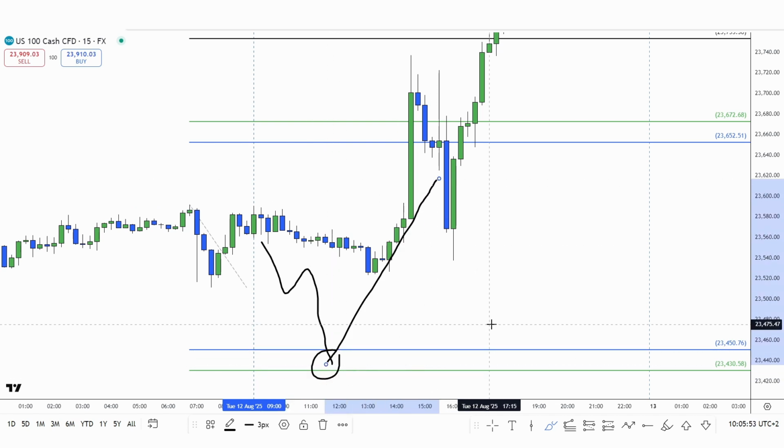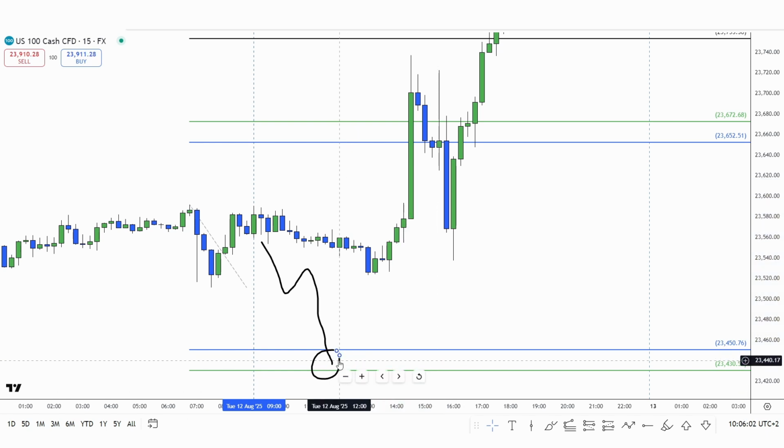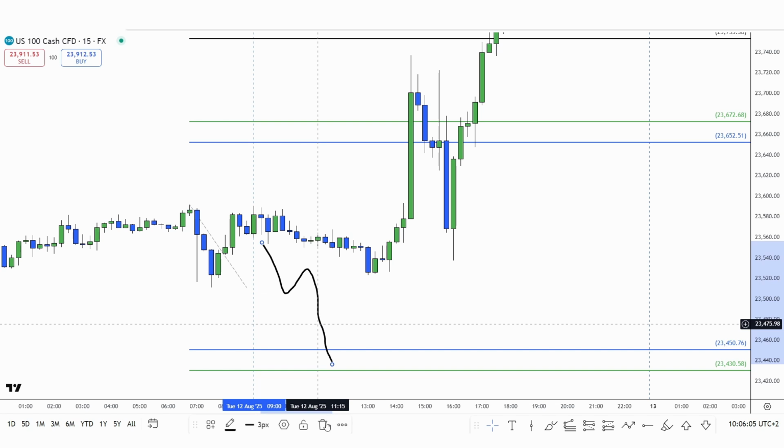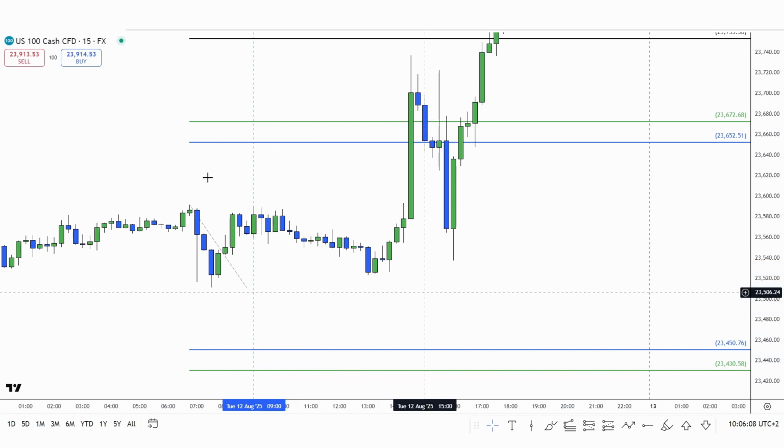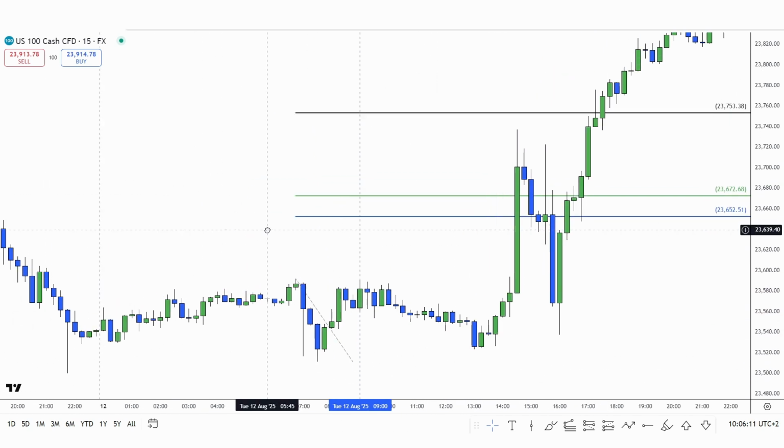But in this case, that didn't happen because there was no manipulation in the market, right? So price just decided, okay, I'm just going to go up without giving us a repricing. So there was no repricing stage at this point in the market yesterday.